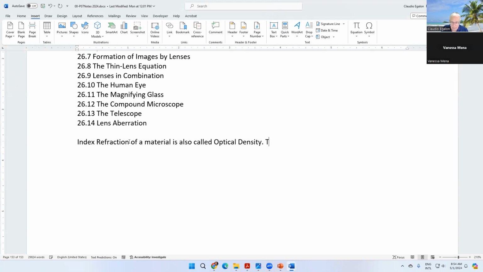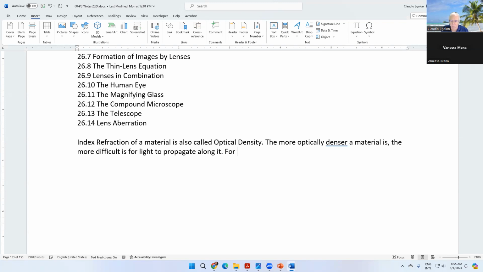Optical density. The more optically dense a material is, the more difficult it is for light to propagate along through it.